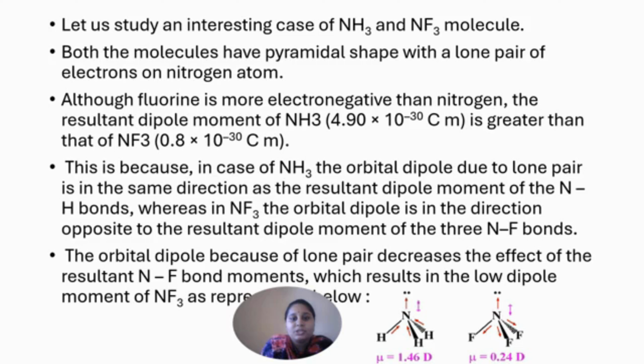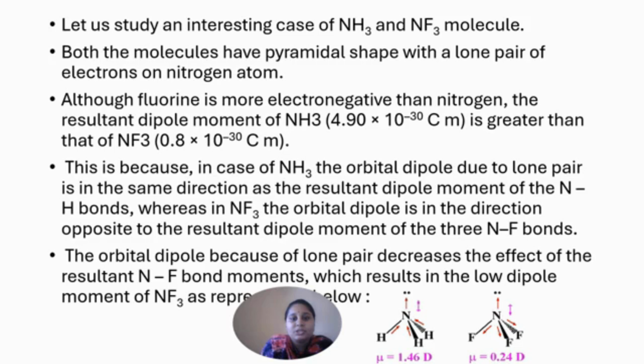The pairs of electrons in the valence shell repel one another as their electron clouds are negatively charged. These pairs tend to occupy positions in space that minimize repulsion and maximize the distance between each other.